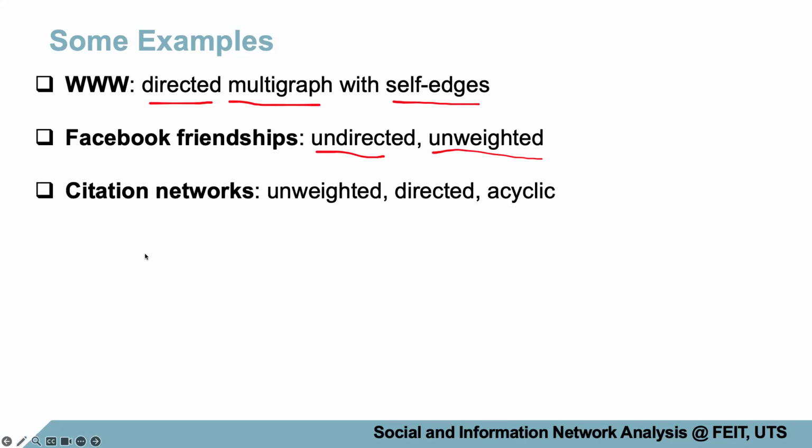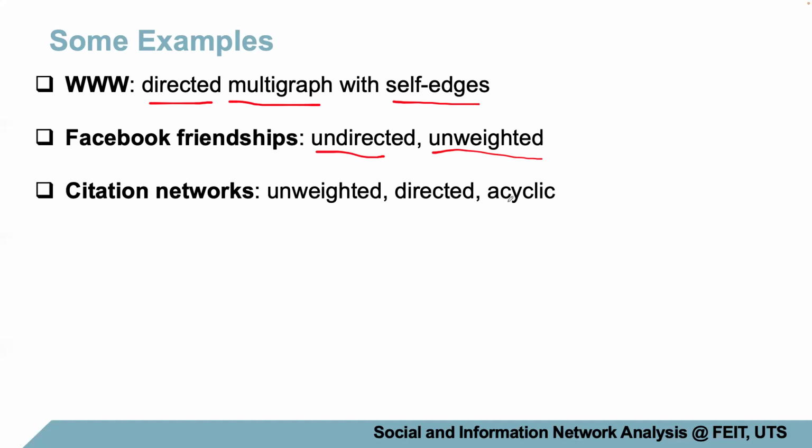And the citation network is an unweighted graph, because the citation relationship just means one paper cites or references another paper. It is directed because the citation has a direction, and also it is acyclic. Acyclic means there's no cycle in this network.